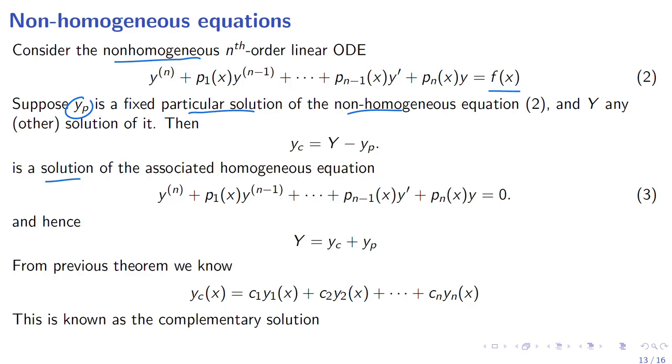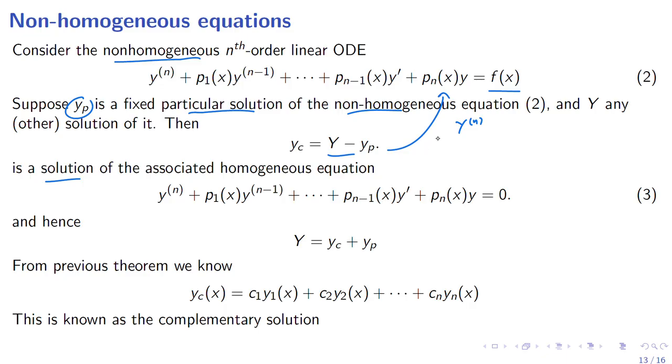How can we do that? If you plug this into this, then we'll get y^(n), and then separate the variable into y and yp and subtract them, then we have the right hand side equal to 0.